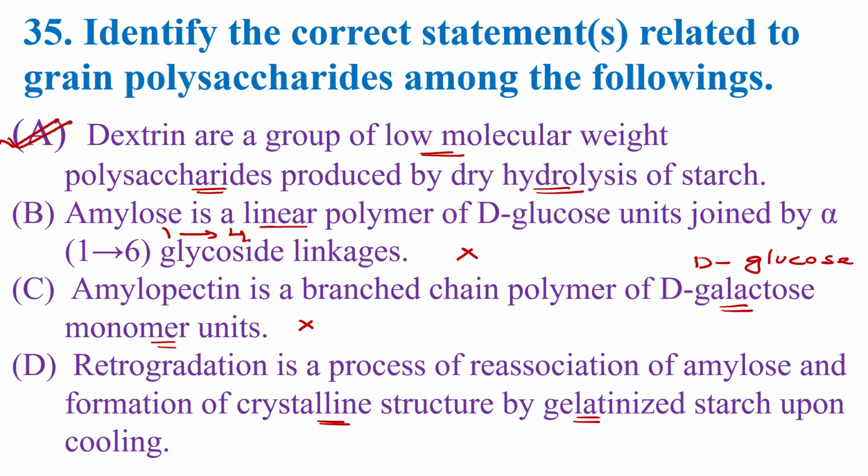So this statement is true, since after gelatinization what happens? Starch realigns, which means it retrogrades on cooling. So this process is known as retrogradation. So this statement is also correct over here. So option number A and option number D are my correct statements.